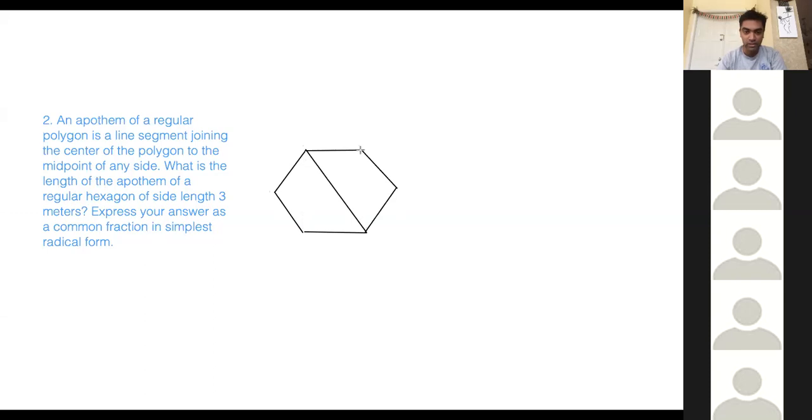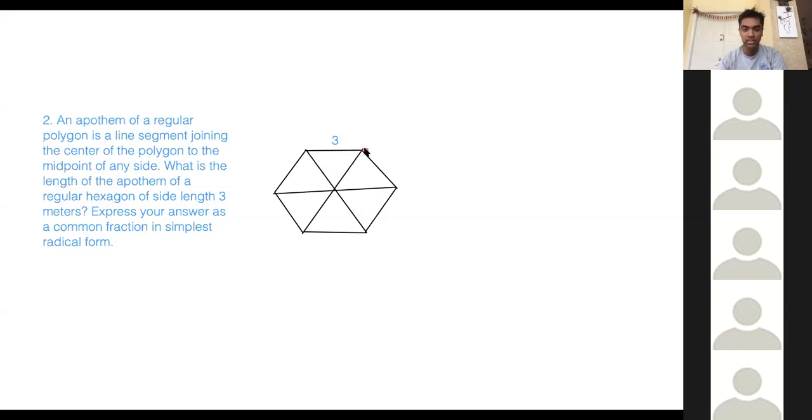Good. Okay, let me just finish drawing this. So if we start with a hexagon, we can connect these diagonals and we'll see that we get 6 equilateral triangles here. If one side length is 3, it's a regular hexagon, so each side length is going to be 3, and this is an equilateral triangle.